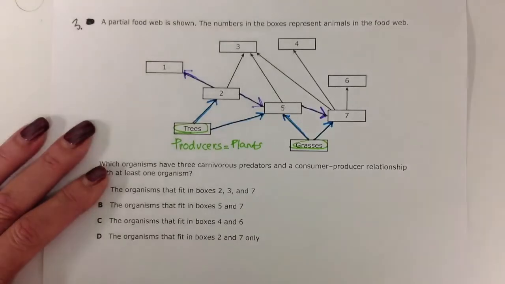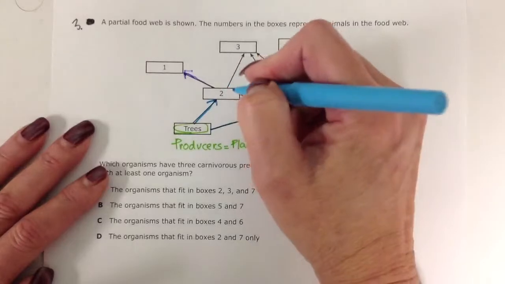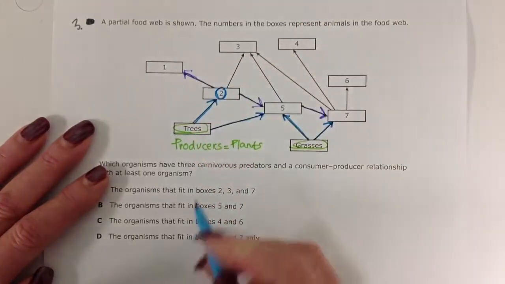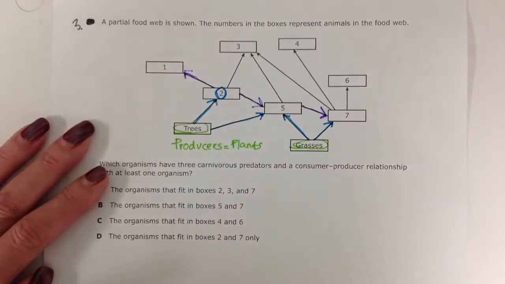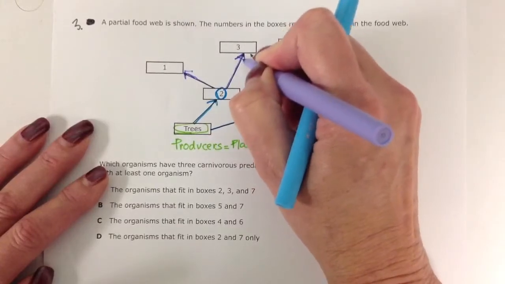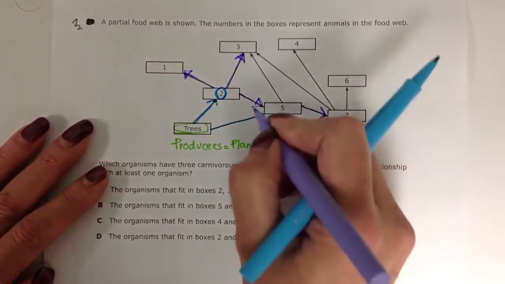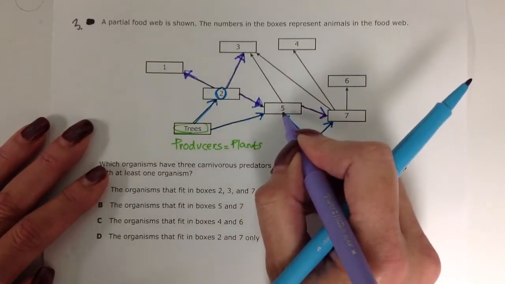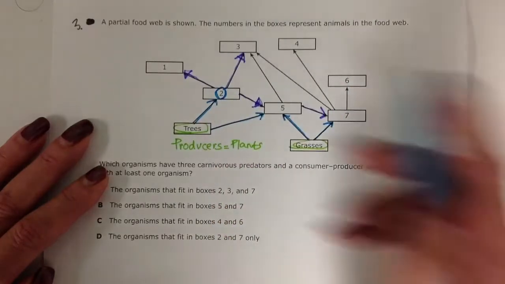So if you look carefully, we only have one true herbivore. And that would be this guy, because it only eats plants, right? Everything eats off of it here, including this one. But this guy here apparently not only eats plants, but also whatever organism this is.